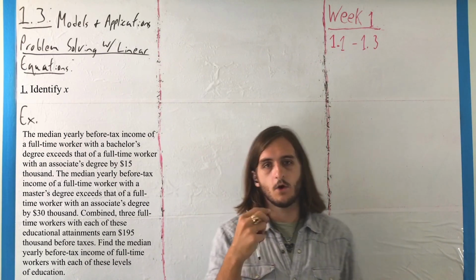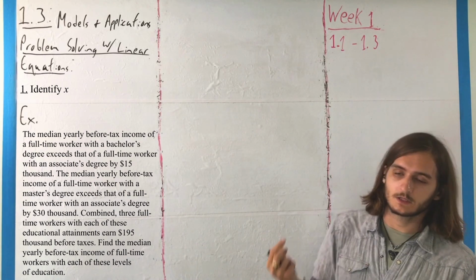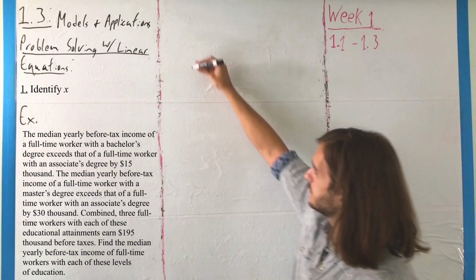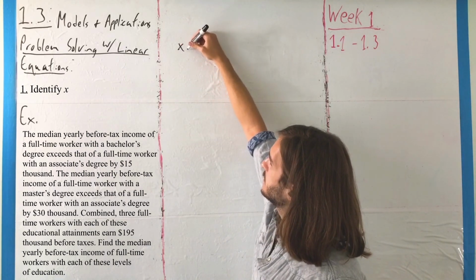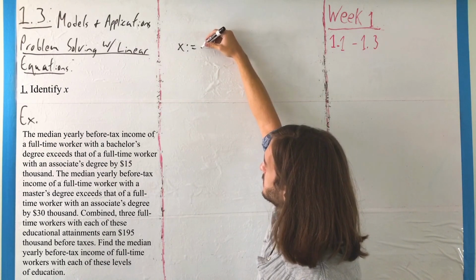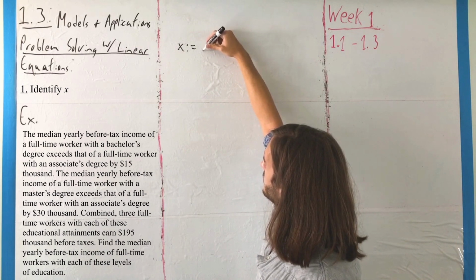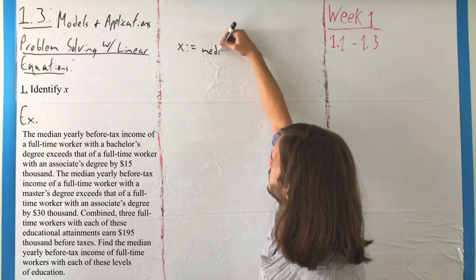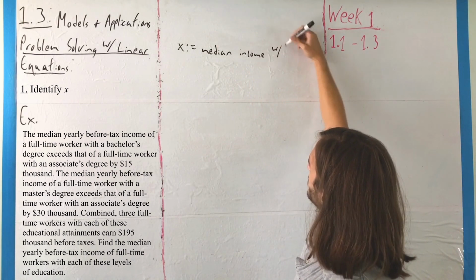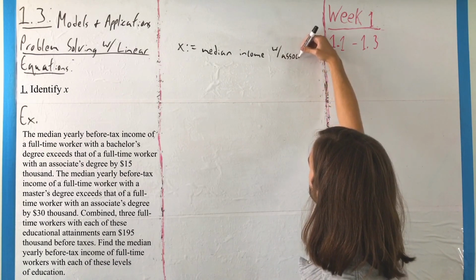So, because we can get all 3 in terms of the associate's if we make our basic piece the associate's degree, our whole system will be built in terms of setting X as the median income with an associate's.